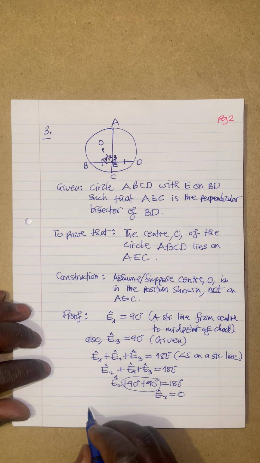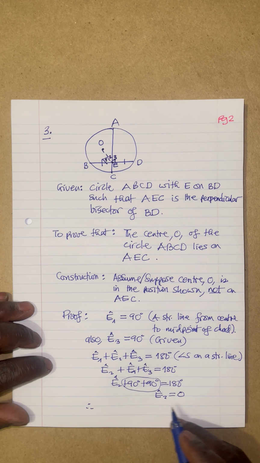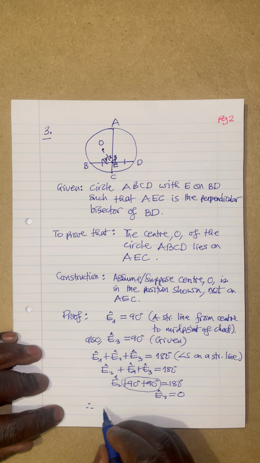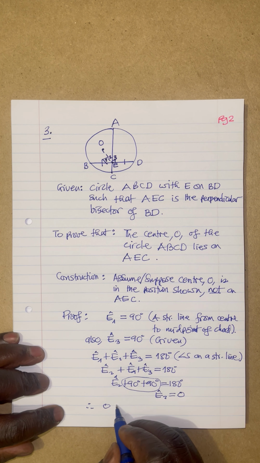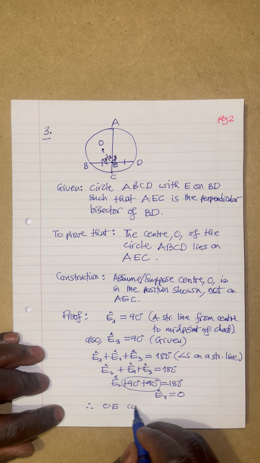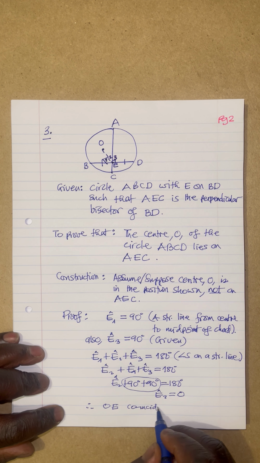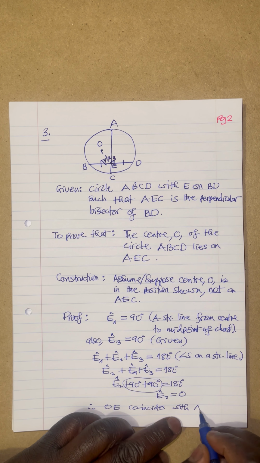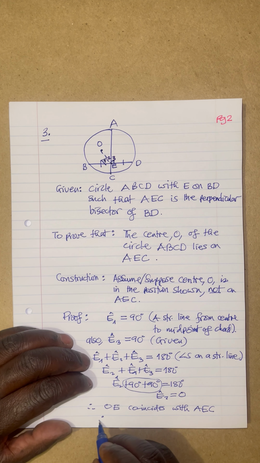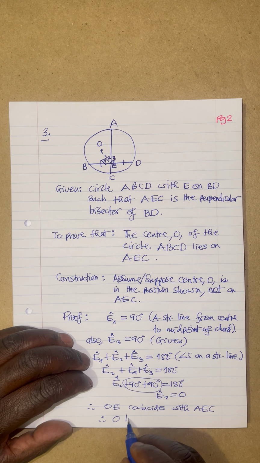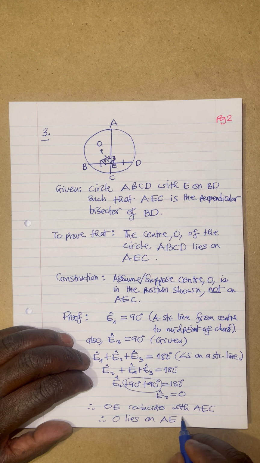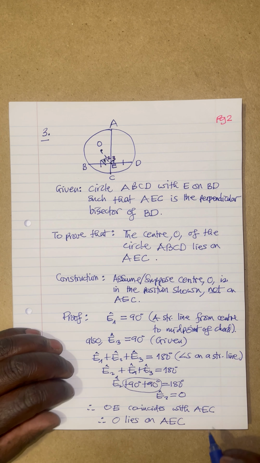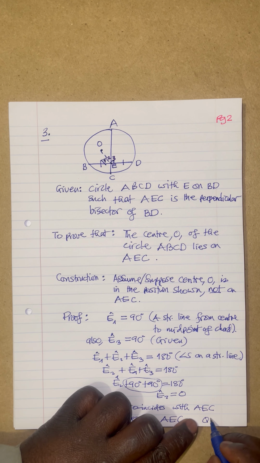So we're going to say, therefore, because E2 equals 0, OE coincides with AEC, and therefore O lies on AEC. This is how we prove it.